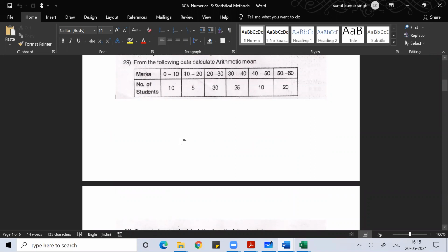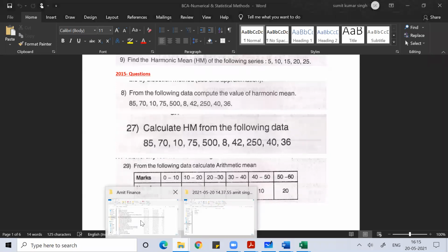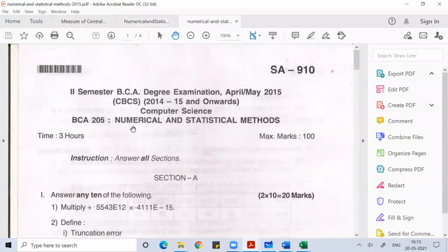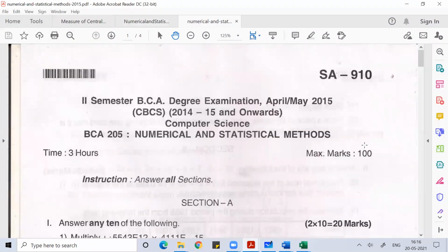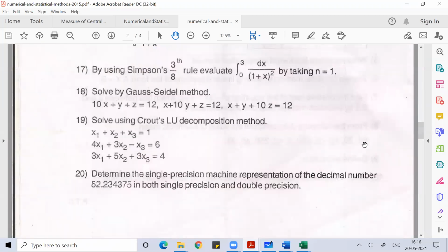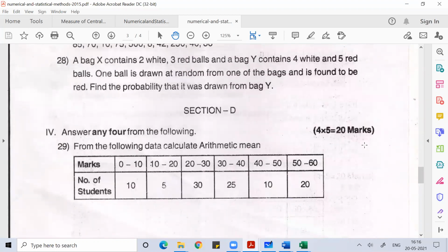You can see this question. This question came in 2015, question number 29. It came for 5 marks, but I'll do this question for you.